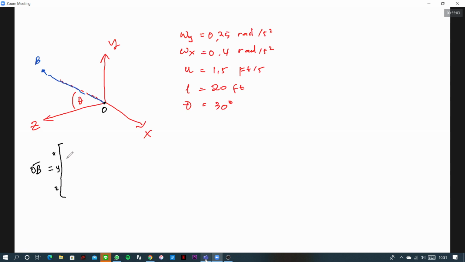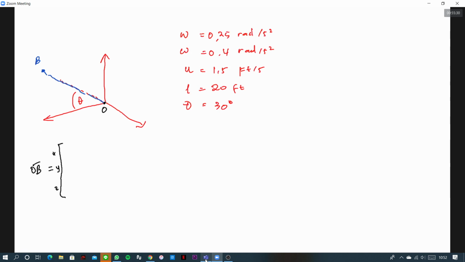In the x component, how can you define B with respect to x? Actually, the coordinate is a bit funny, so I will change it.